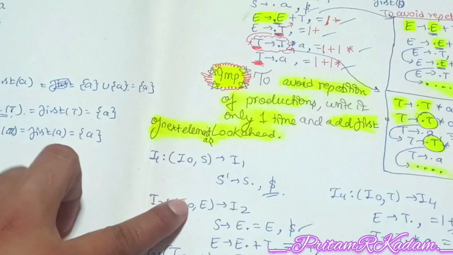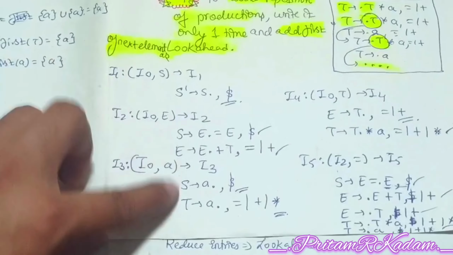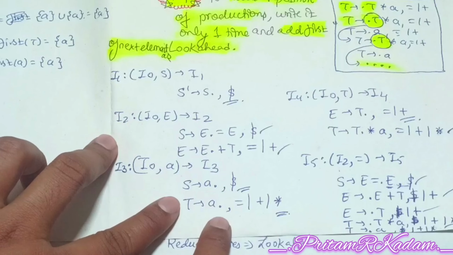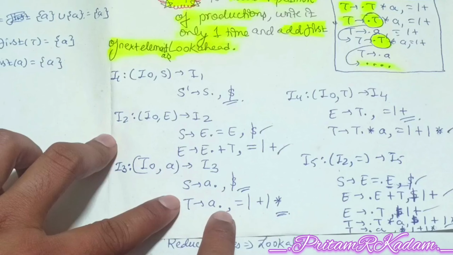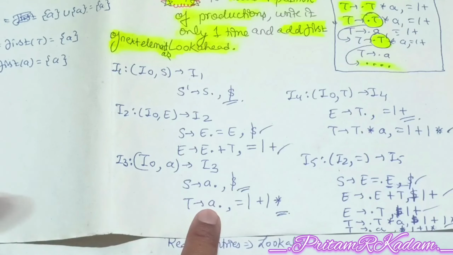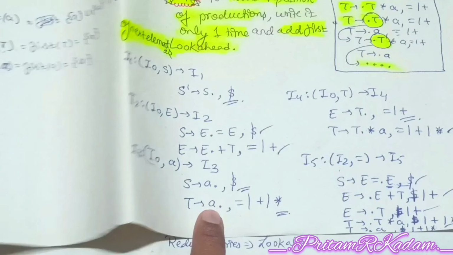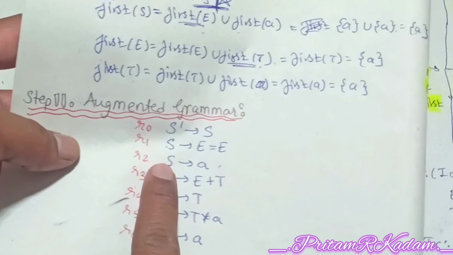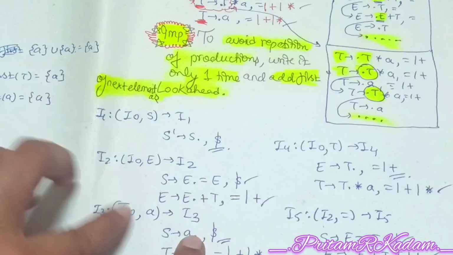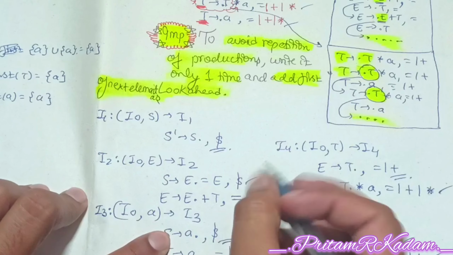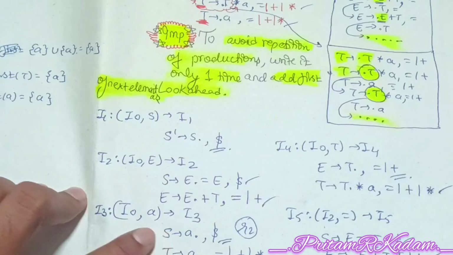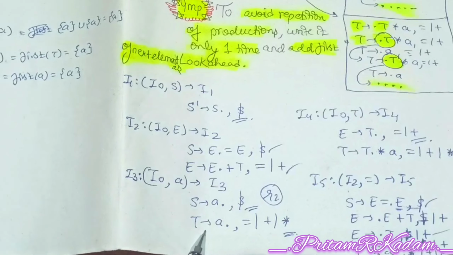So first of all, we will see where do we have the complete states. So we have the complete state over here. So S gives A dot is which production? We have marked it earlier. So S gives A dot is R2. So let us write R2 over here. Okay, so R2. Now we have T gives A dot.